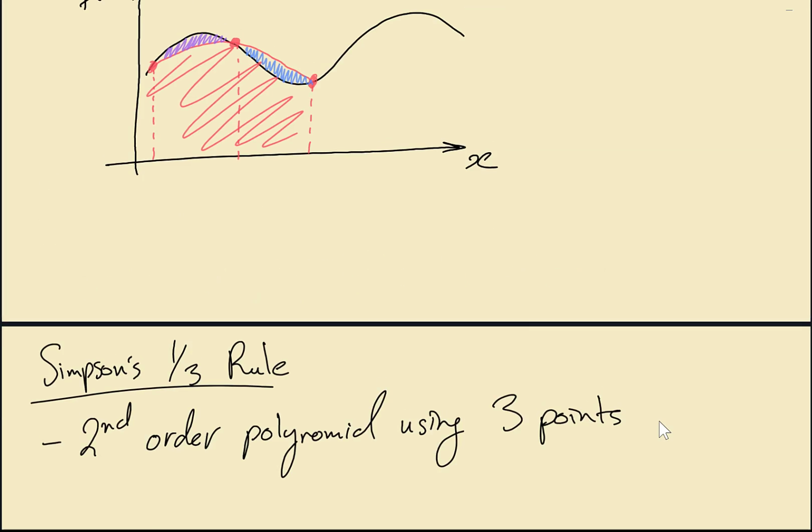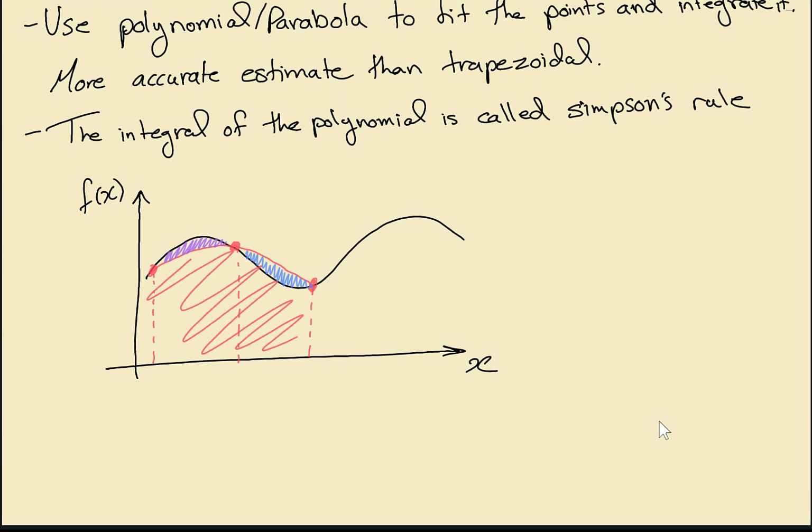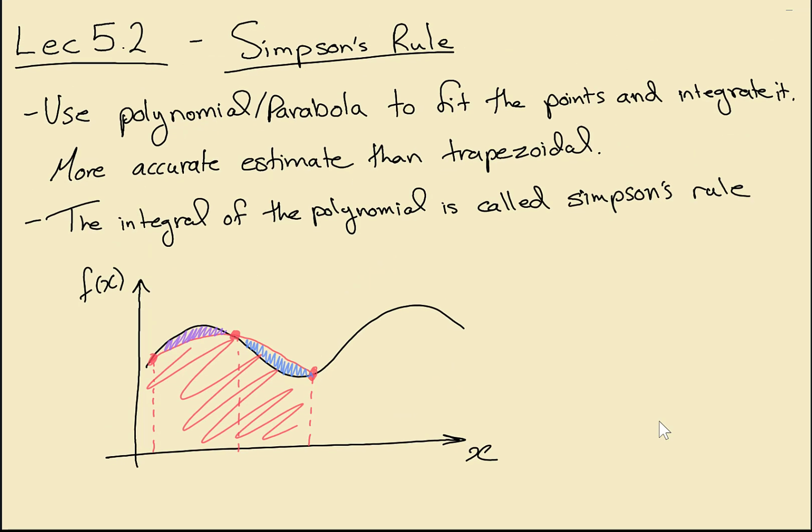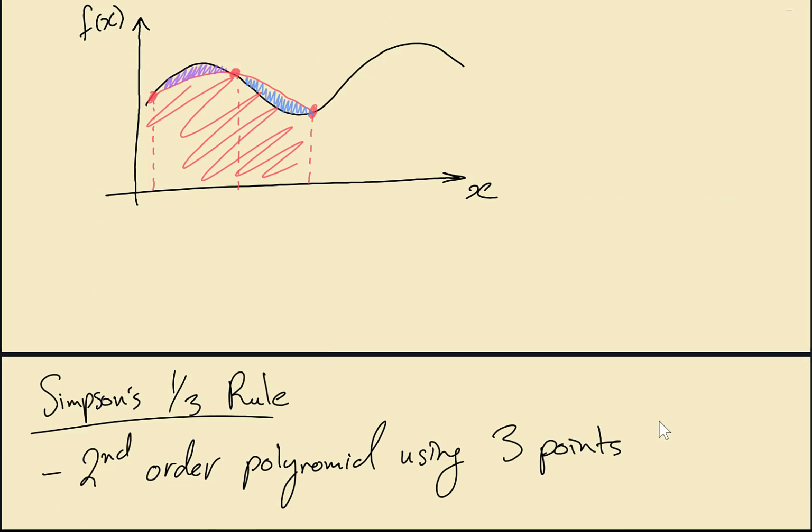Last class, we also looked at fitting polynomials to points. Do you guys remember which method we covered? It's called Lagrange, right? So using Lagrange, we can fit these 3 points and then integrate the Lagrange polynomial and come up with a general expression for this approach.